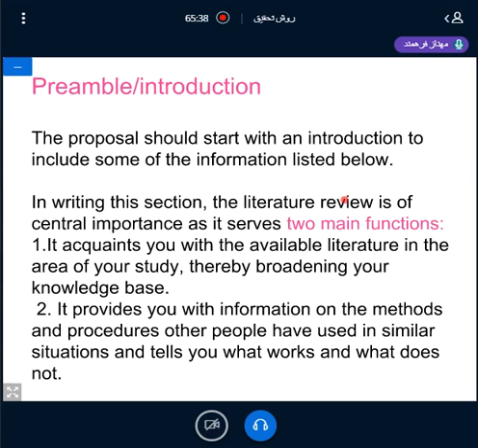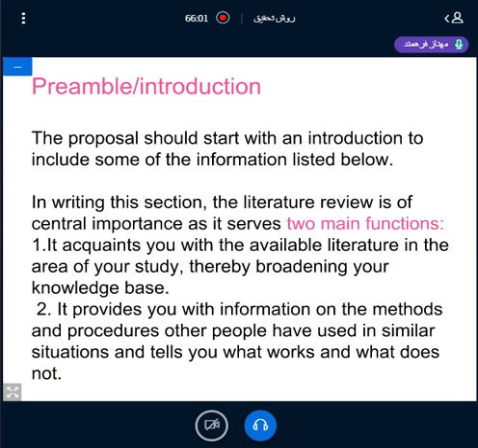So we have two main functions here. One, the available literature in the area, and another, methods and procedures that other people have used in similar situations.